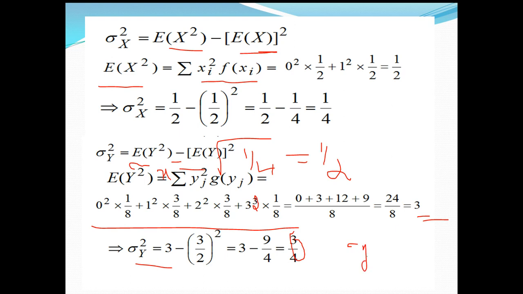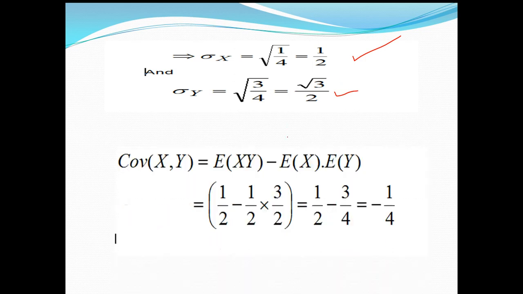Therefore, sigma y is equal to square root of 3 divided by 4, so that is root 3 by 2. That is standard deviation of x and standard deviation of y. This is the standard deviation for the x distribution, and the standard deviation for the y distribution.